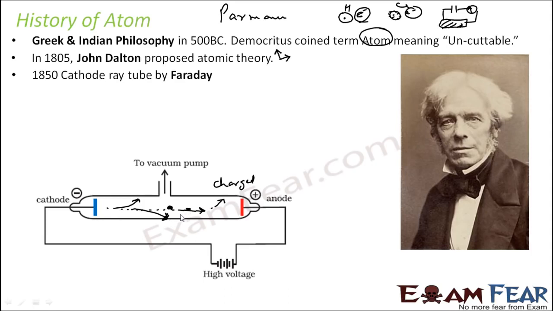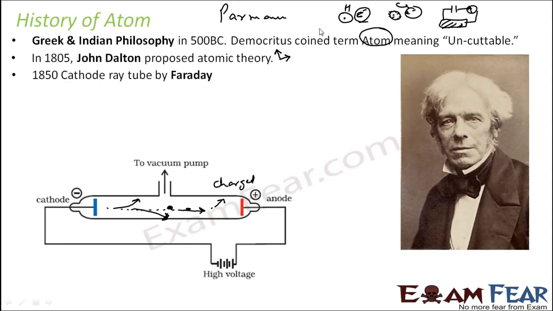But the observation was that the property of this particle, the deviation of this particle in the magnetic field, is all the same. You take any gas, that means this particle is something which is there in all the gases. It is there in hydrogen, it is there in chlorine, it is there in fluorine, right? So what was that particle?